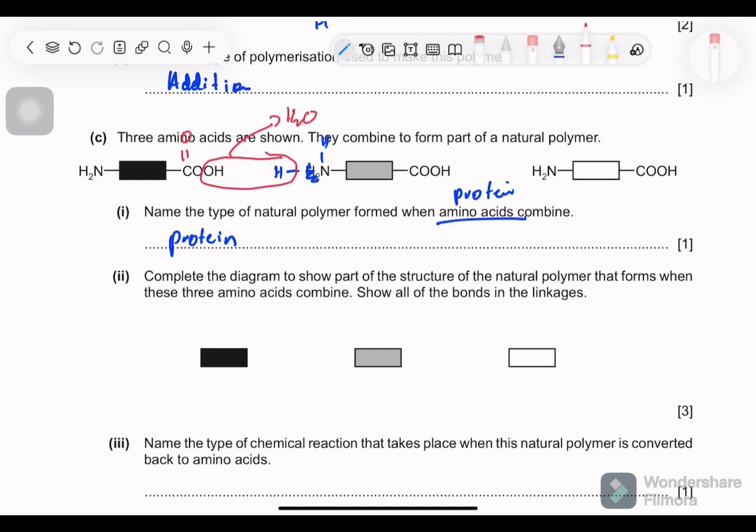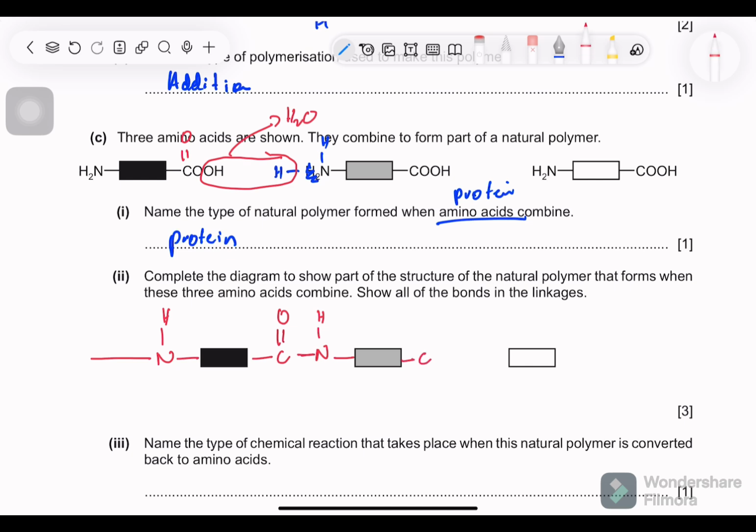So this is NH, and this will be shown for the continuation. Over here again C O, and over here we had N H. So this is joined from here.